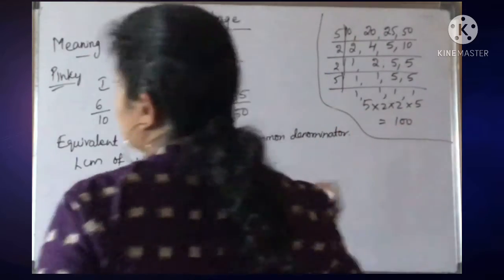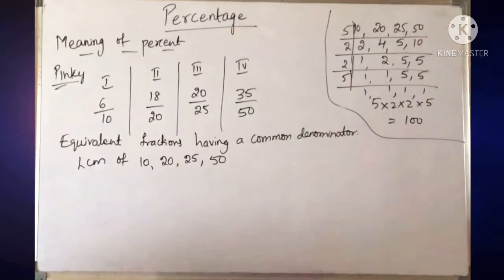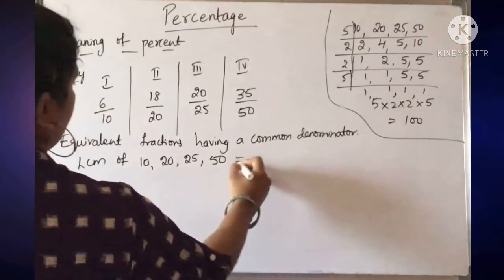So the LCM of 10, 20, 25 and 50 is 100, children.